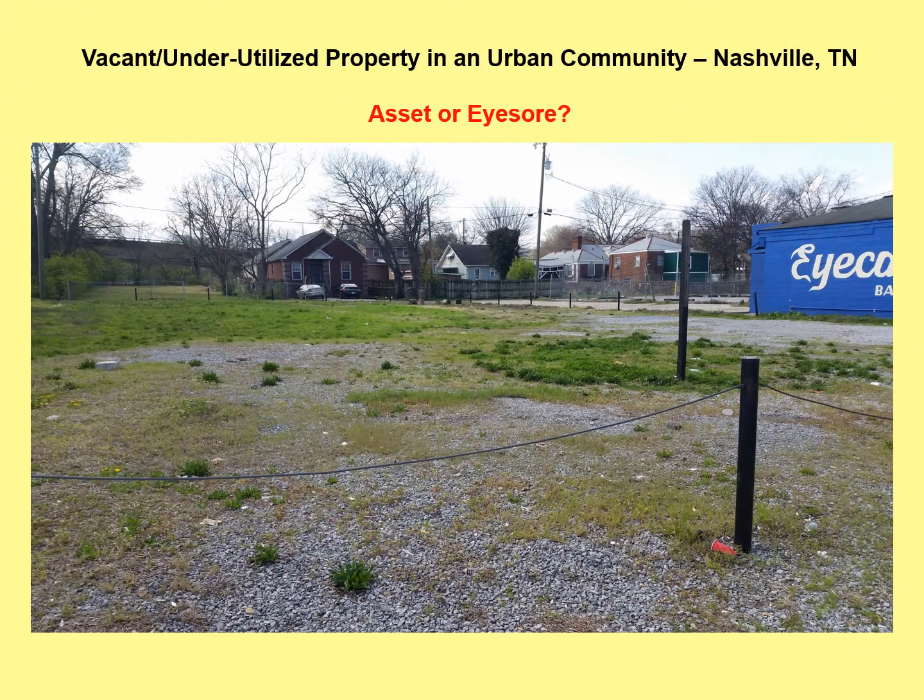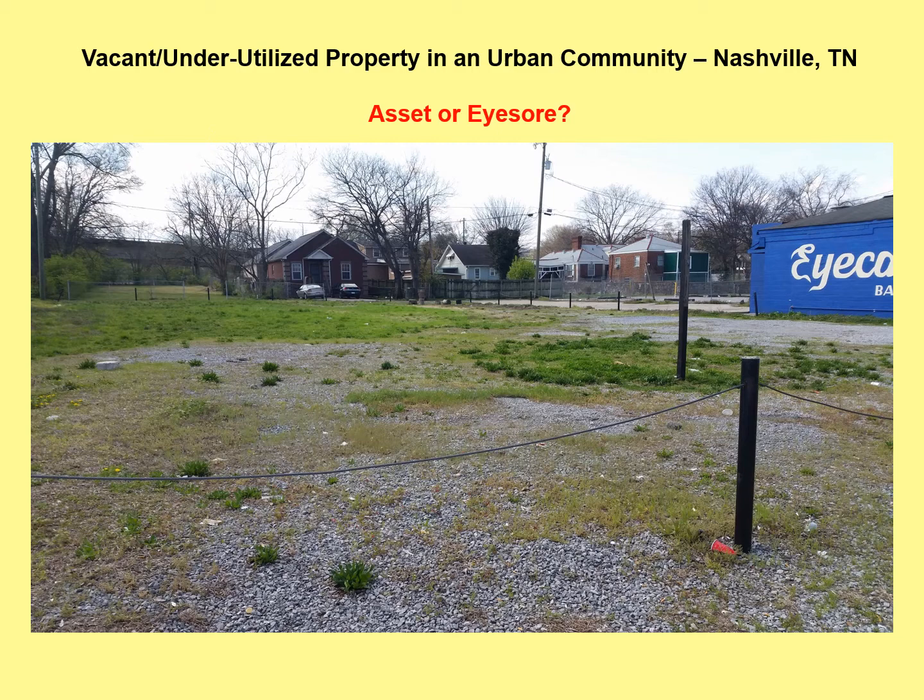Here is an example of a vacant lot. In many cases, we can look at this vacant lot as an asset or as an eyesore. We could look at it as a property that might attract nuisances, people hanging out, litter, garbage, dumping, or we can look at it as an opportunity. Maybe this could become an urban garden.